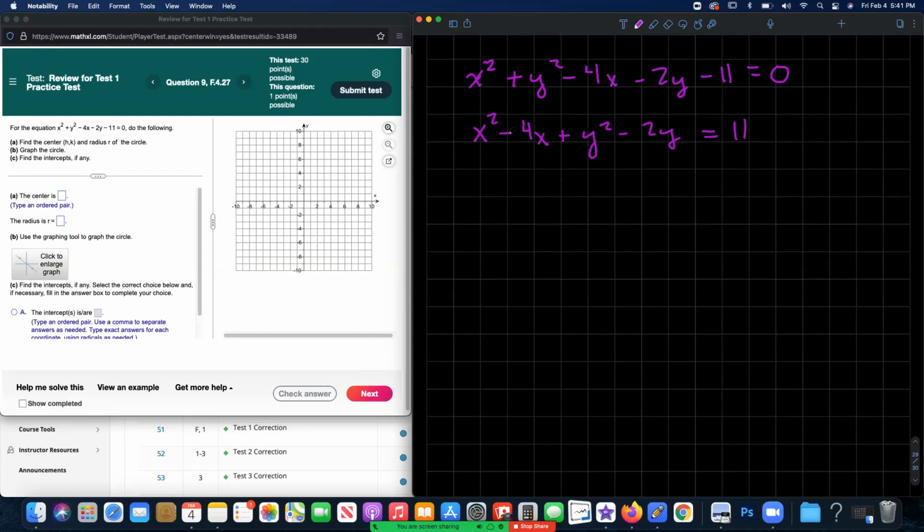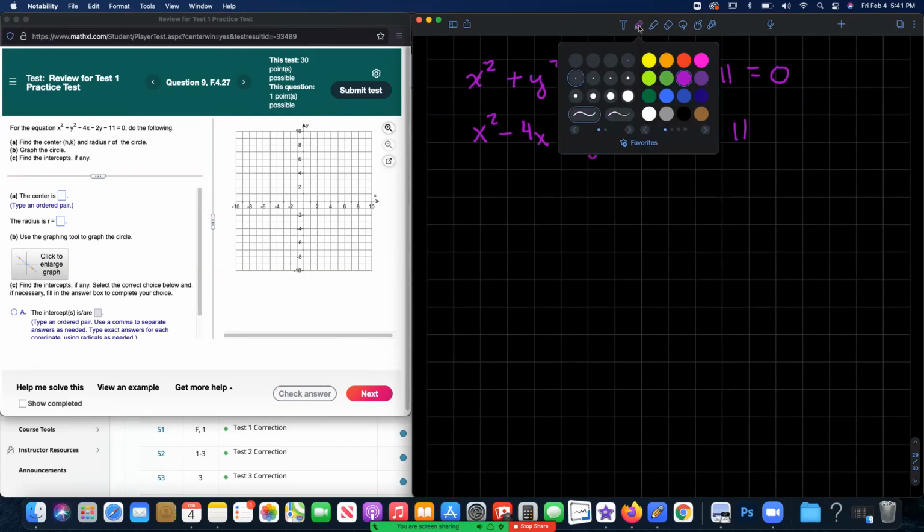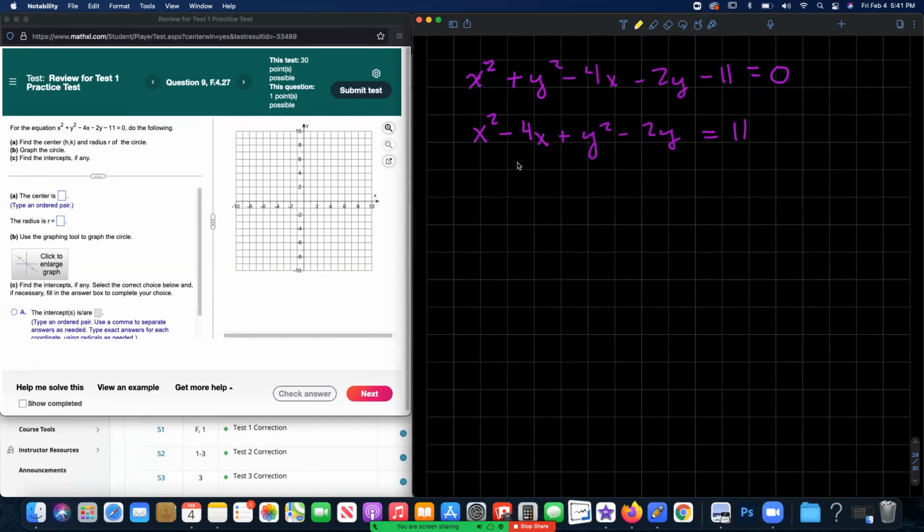Then we're going to use the completing the square method. Basically, you look at the b term, your linear term, this term right here. We take negative 4 divided by 2, which is negative 2.